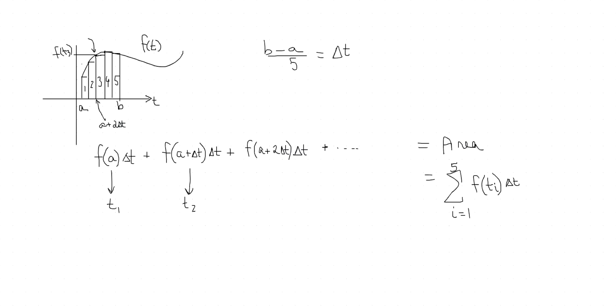So this expression here can also be rewritten with a general n, which is the number of rectangles, the function, which is giving me the height of each rectangle, and the width, b minus a, divided by the number of intervals.